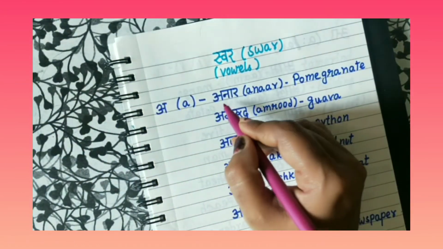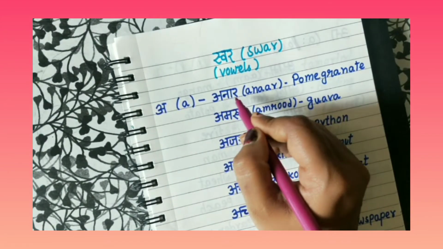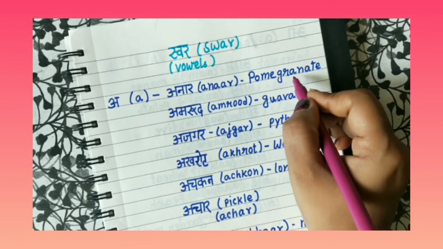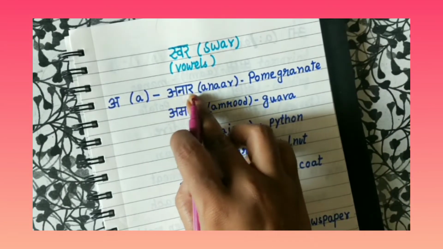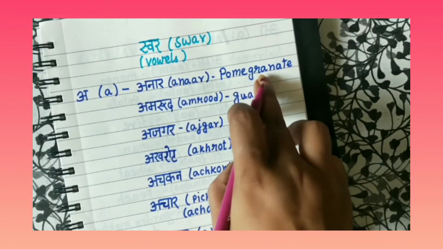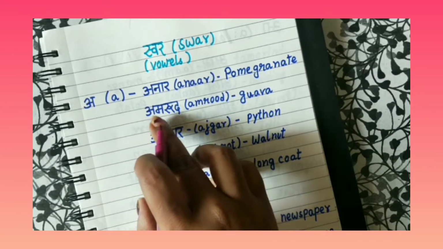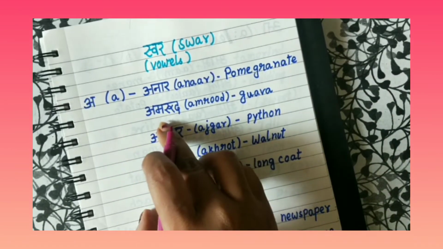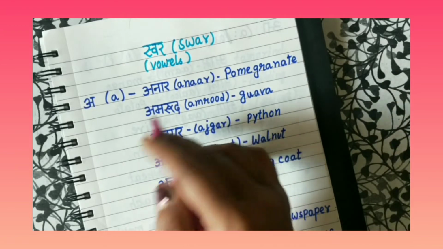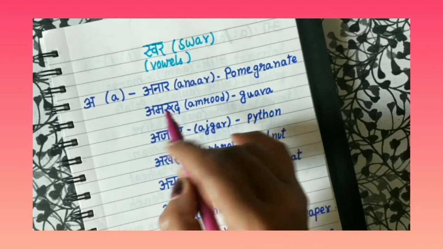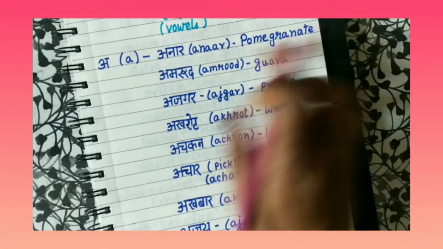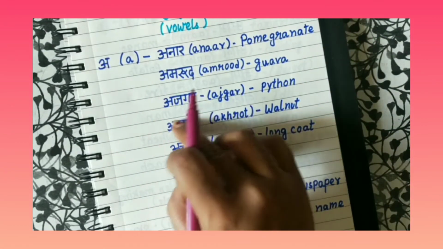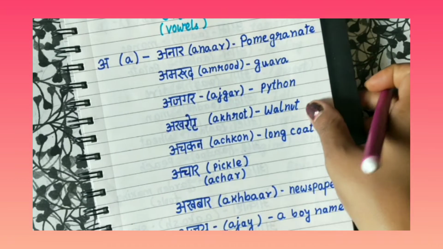So a for anar, or pomegranate. I have written the English pronunciation of anar. A say amrud, or a for amrud. If you want to say it in Hindi, you can say a say amrud. Amrud means guava. A say ajgar, python.